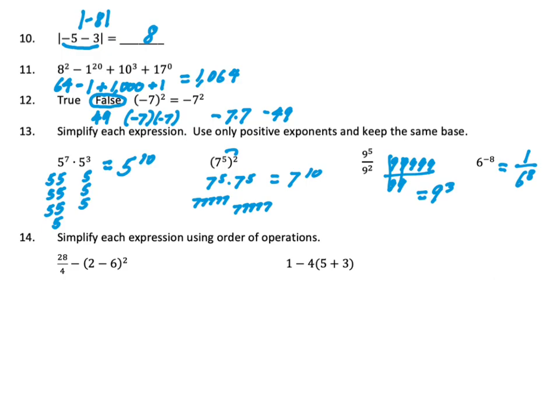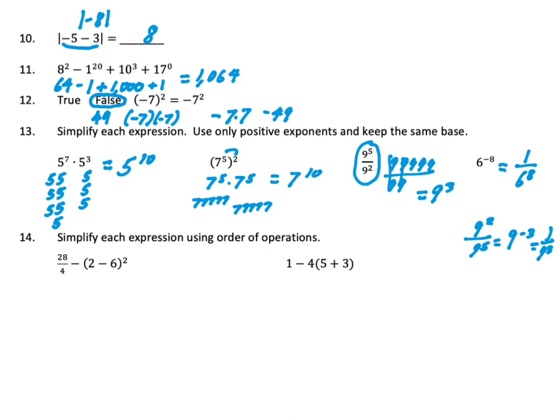Just a side note, if we have 9 to the 2nd over 9 to the 5th, you can notice I could take this example here, previously, 9 to the 5th divided by 9 squared. I can subtract and get 9 to the 3rd. So using that same principle, that would give me 9 to the negative 3rd, which is the same as 1 over 9 to the 3rd, because I have more 9s in the denominator than the numerator.